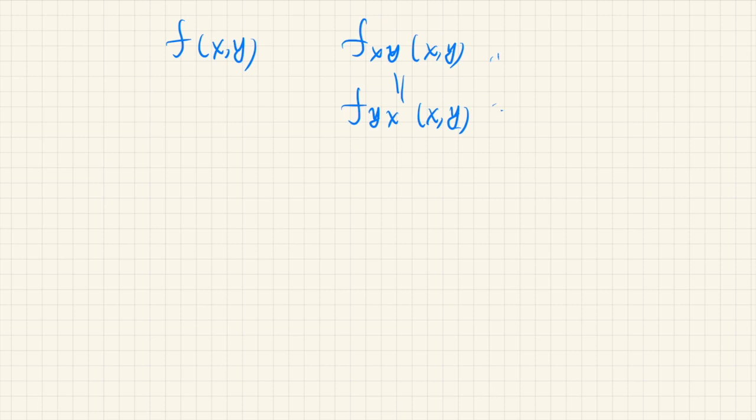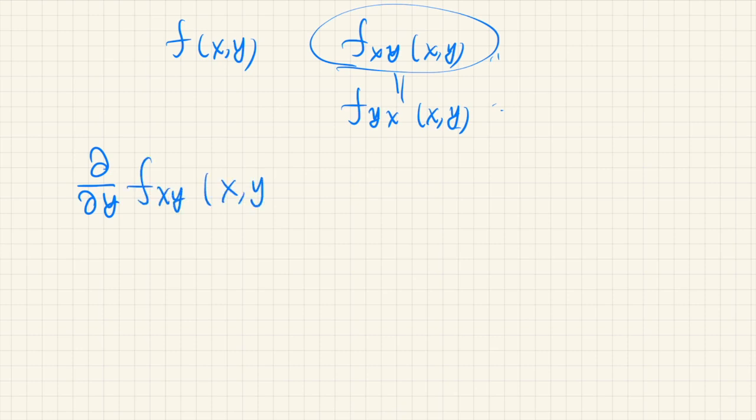And these can be differentiable again, so that we may have the third derivative of these. There are many kinds of third derivatives, but for example, if we differentiate this fxy with respect to y, then we have fxyy.